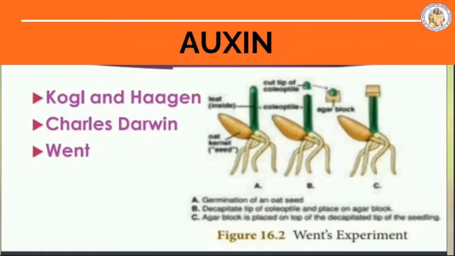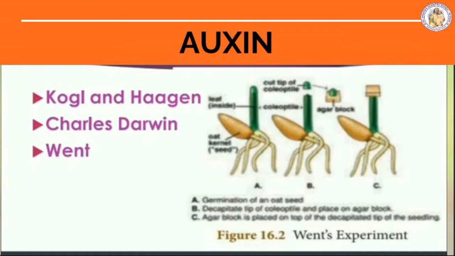Auxin. Auxin means to grow. The term auxin was introduced by Cholodny and Went in 1931. Auxin is produced at the tip of the shoot and the roots.